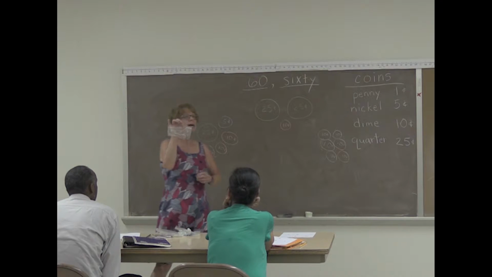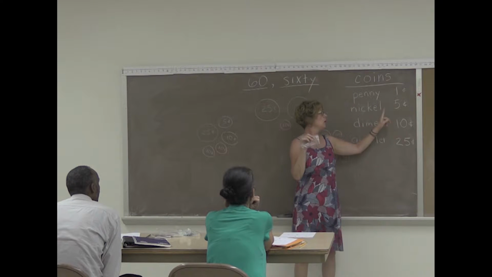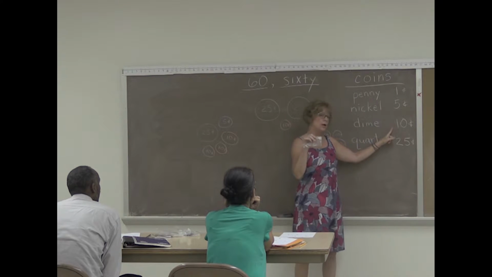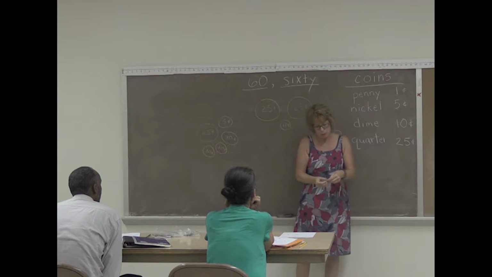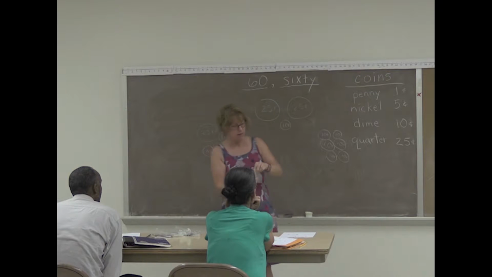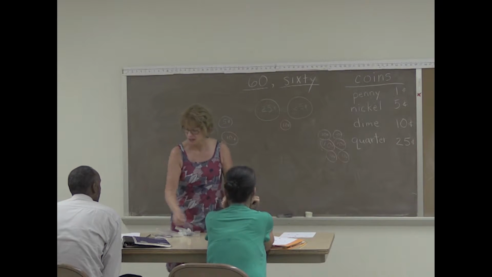You will get 1 bag. There is 1 penny, 1 nickel, 1 dime, 1 quarter in your bag. I want you to put the coin that you're going to use, put it on your paper.